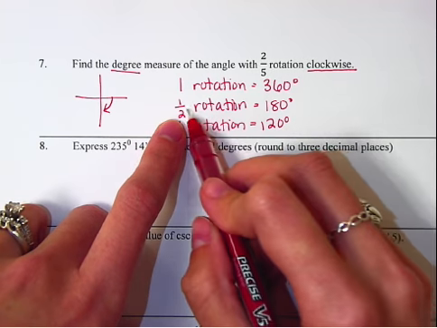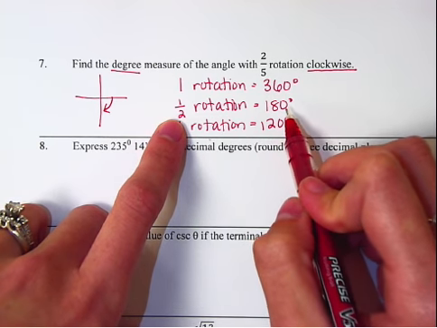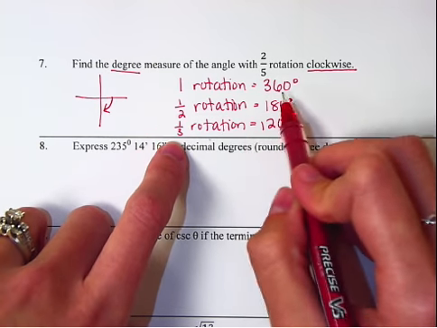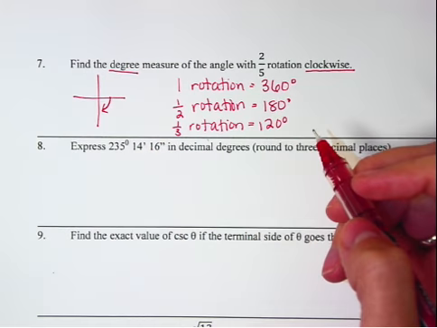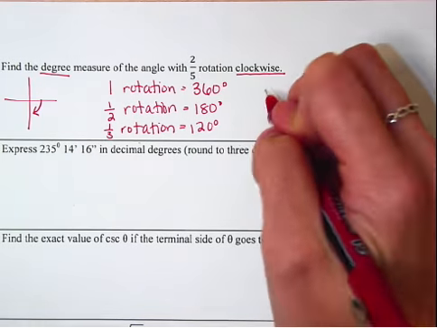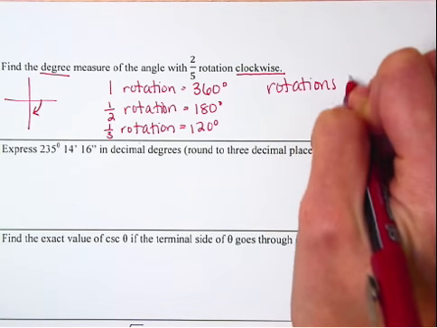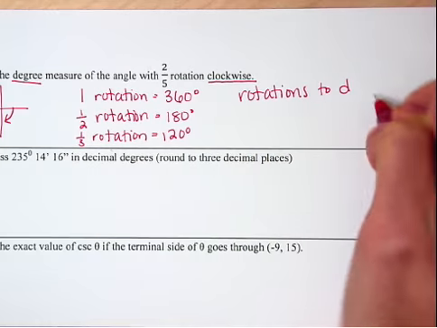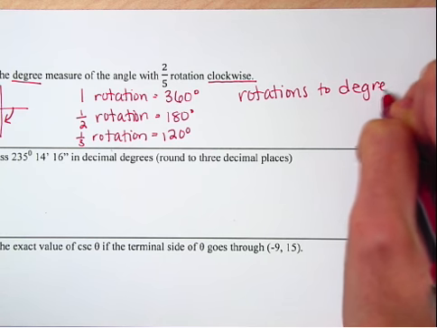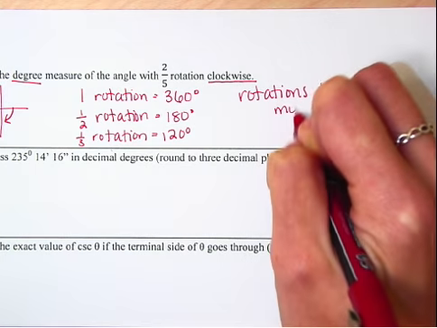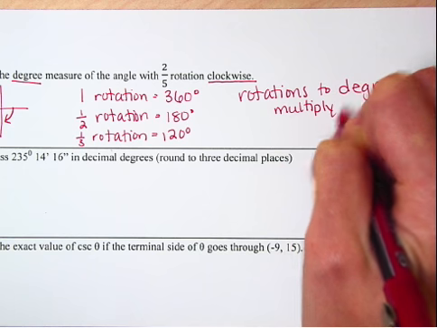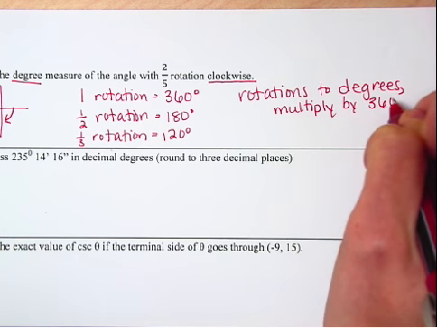And if you notice, 1/2 times 360 is 180. 1/3 times 360 is 120. So that's why to go from rotations to degrees, multiply by 360 degrees.